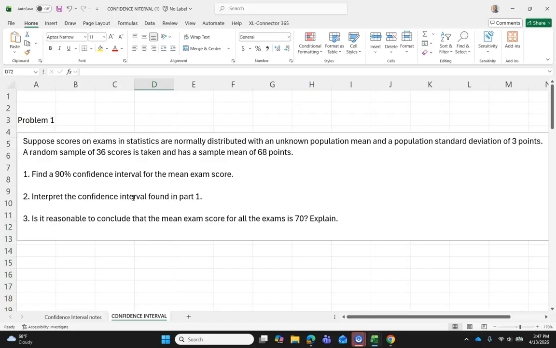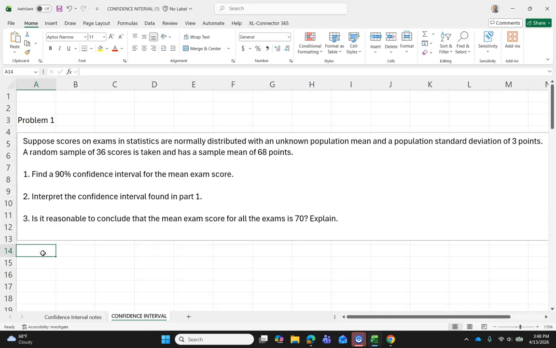A random sample of 36 scores is taken and has a sample mean of 68. So we know that this 68 is more or less the same as the average of the unknown population. However, we need to provide a margin of error, and so we need to understand the confidence level. So 90% is our confidence level, and we are asked to find a 90% confidence interval for the mean exam score.